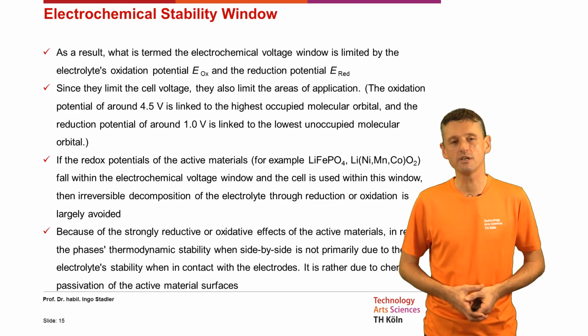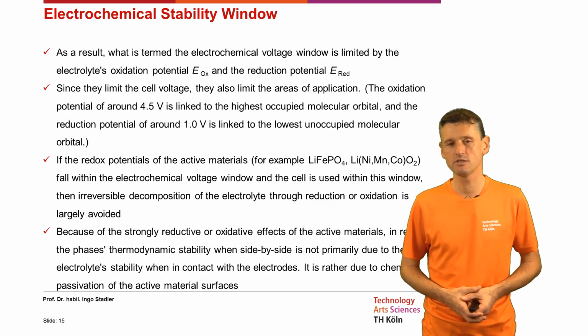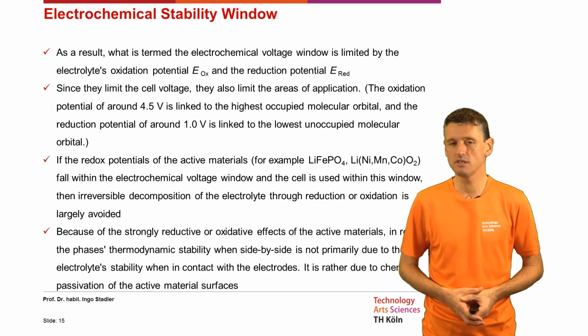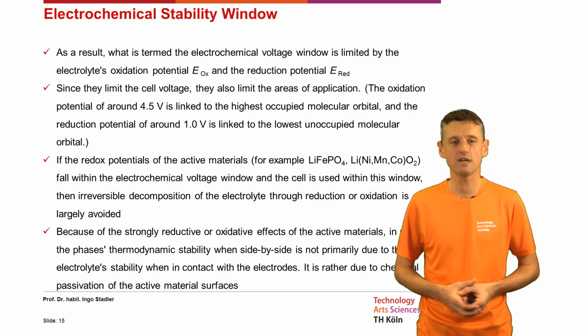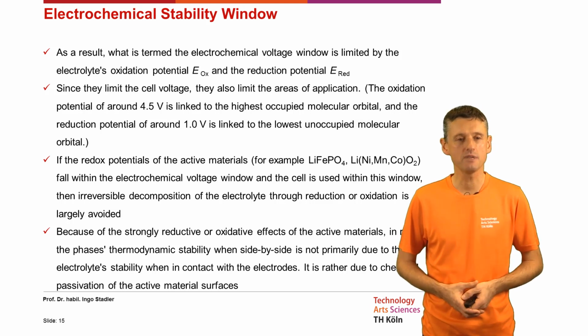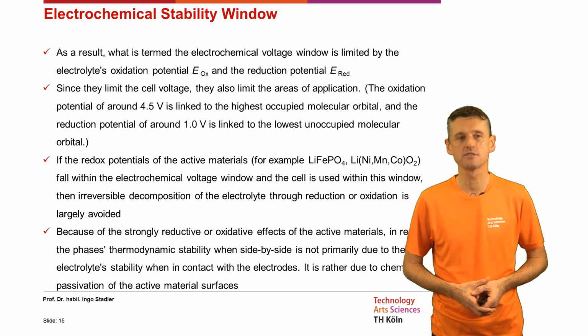Because of the strongly reductive or oxidative effects of the active materials, in reality the stability when side by side is not primarily due to the electrolyte stability when in contact with the electrodes. It is rather due to chemical passivation of the active material surfaces.